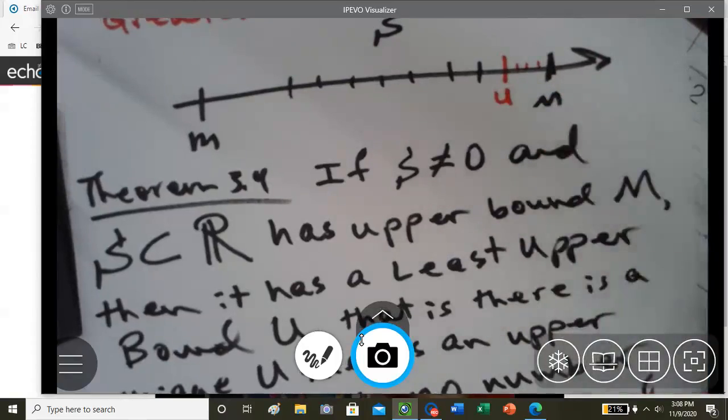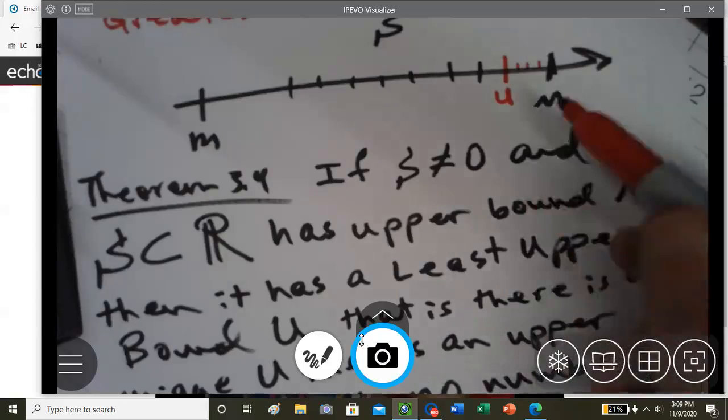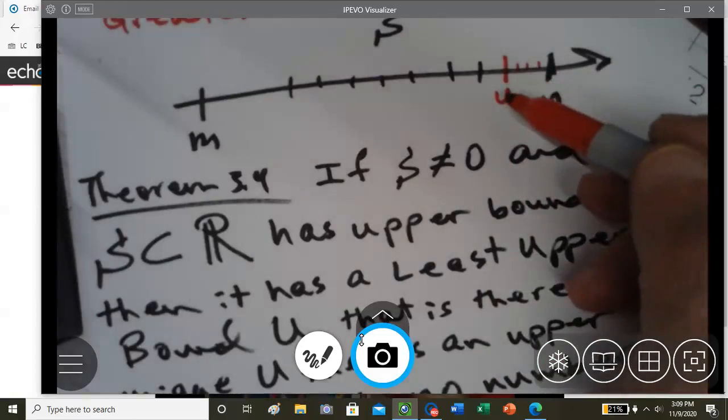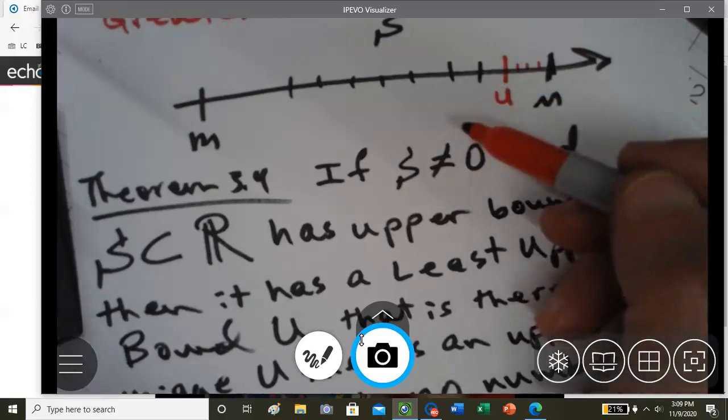Well, think of an upper bound for an economy, like A's. The least upper bound would be a 90. So there is nothing lower, so 90 would be the U. There is nothing lower than 90 that would still be an A.